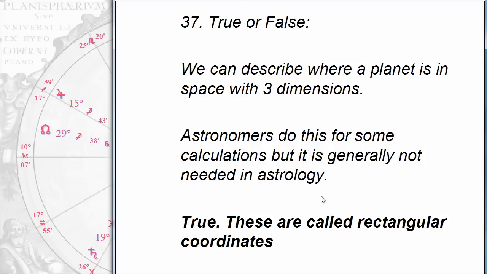Good chance you never heard of them before, but just as a point of interest, you can do that with planets as well. The reason I'm mentioning this is because it's not the usual way that we describe where planets are. We want to describe where they are from our point of view.